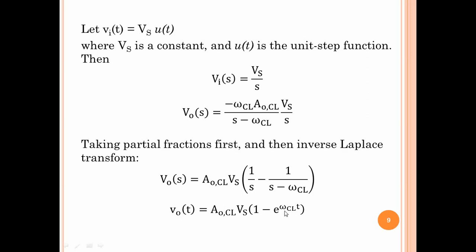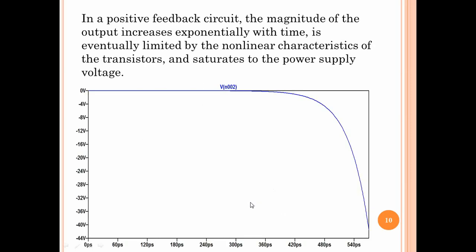And as t increases with time, the magnitude of the output would increase exponentially with time, because e raised to anything greater than 0 is always greater than 1. This quantity will always be negative, but will increase exponentially with time. So here is what the output would look like. This is basically an exponential.